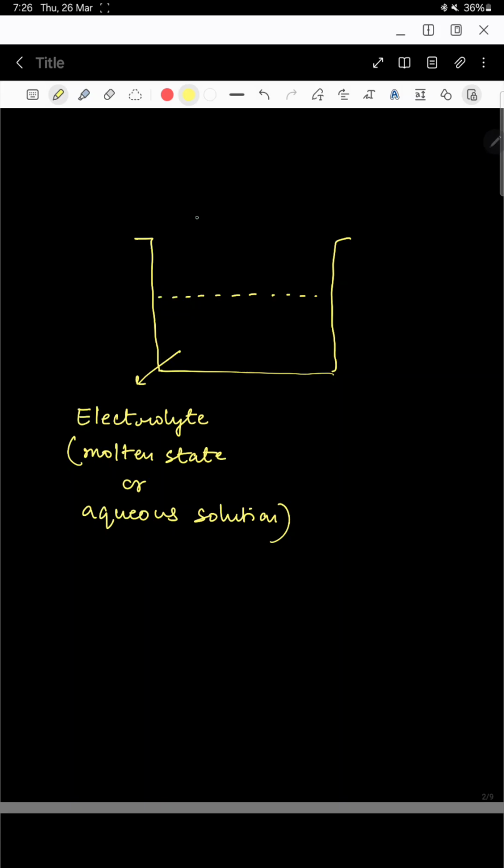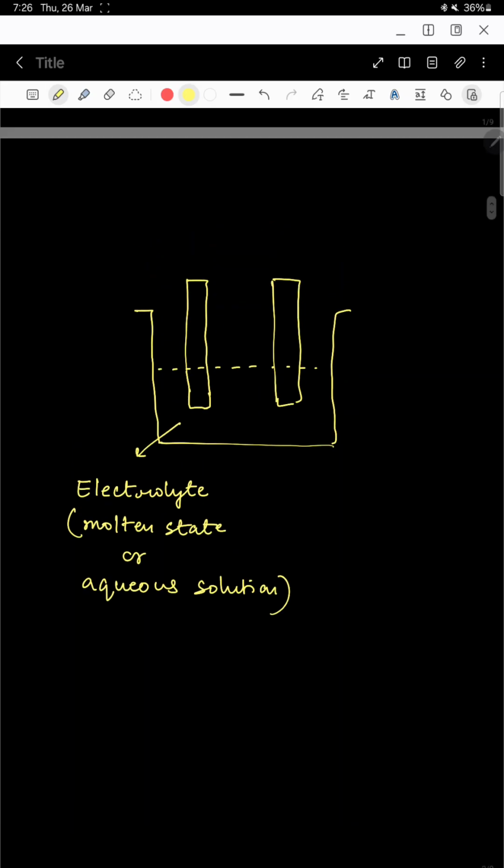Then there are two rods which are dipped in this electrolyte. These two rods are basically known as electrodes.